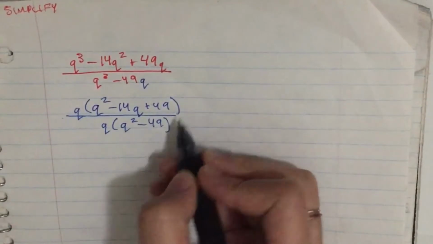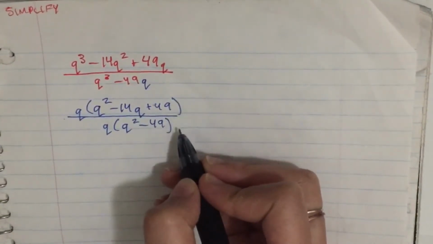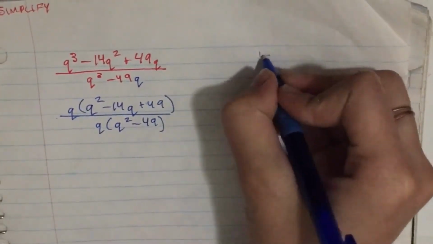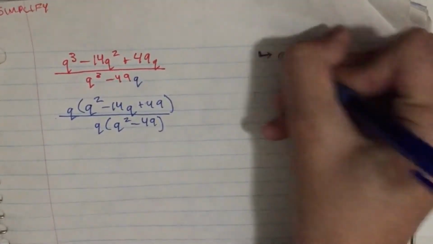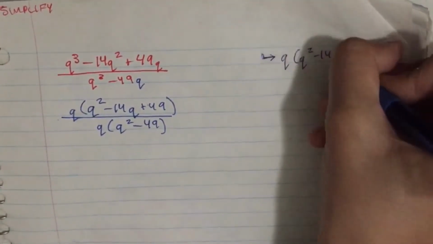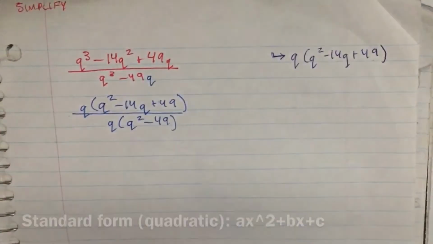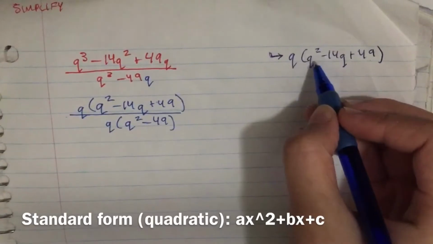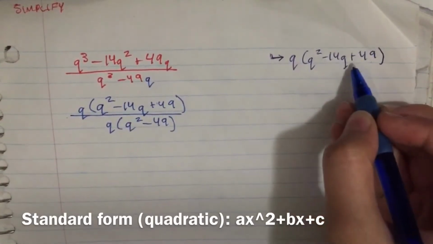What we're going to do is further simplify these, put them in factored form. Start with the numerator. This is the standard form equation in the form ax squared plus bx plus c.